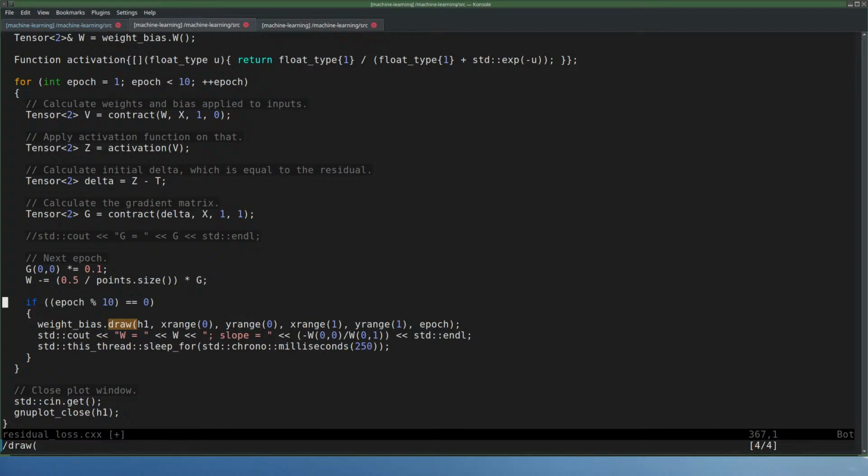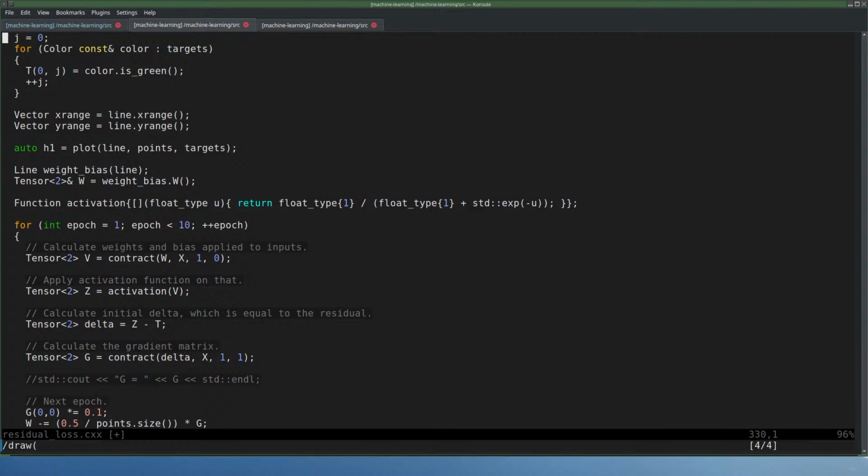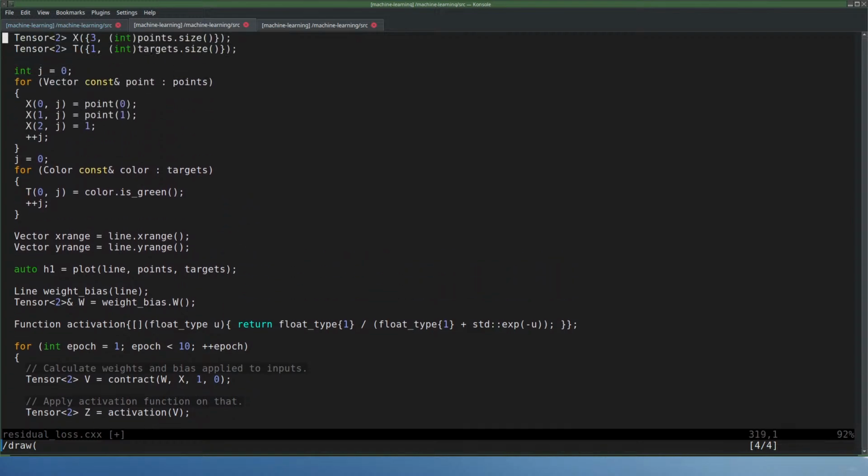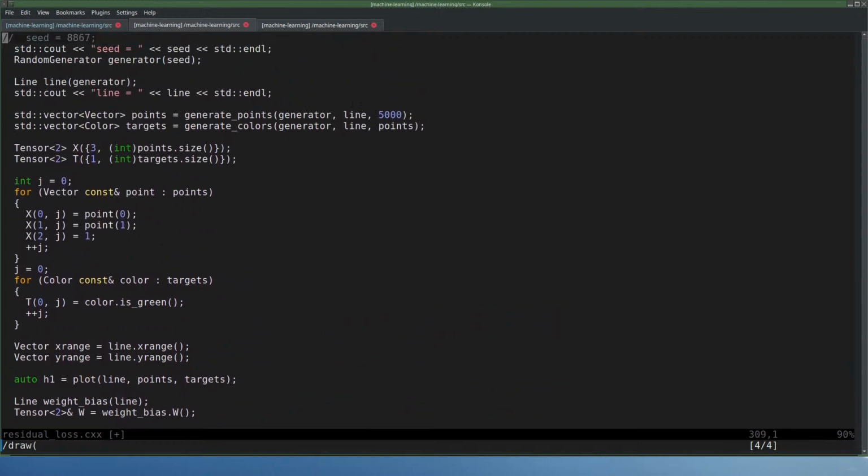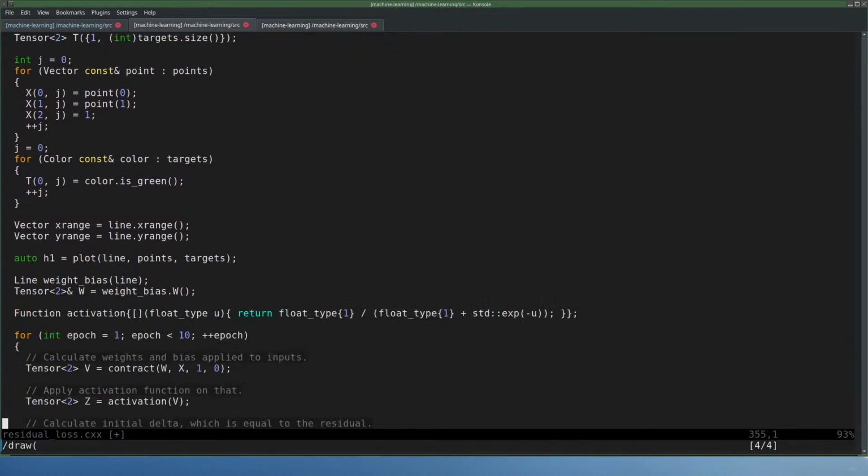No, that's a line. This plot draws my points by target. The targets are wrong.